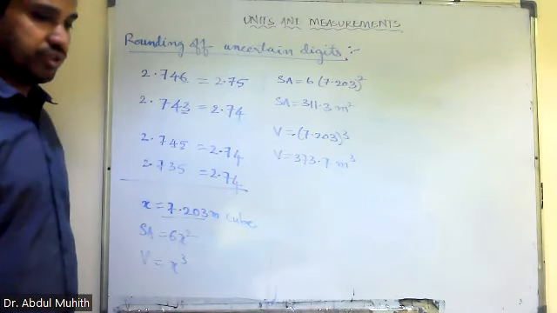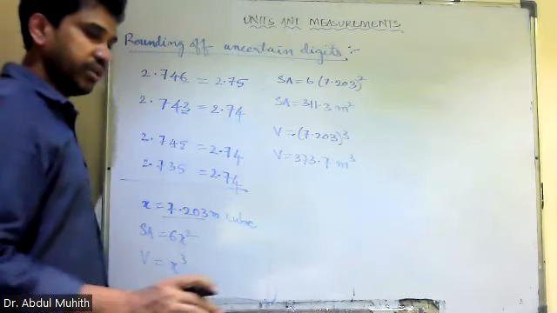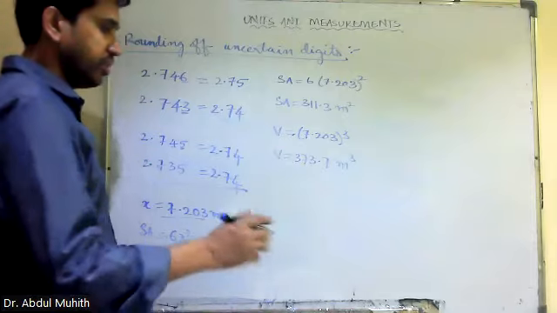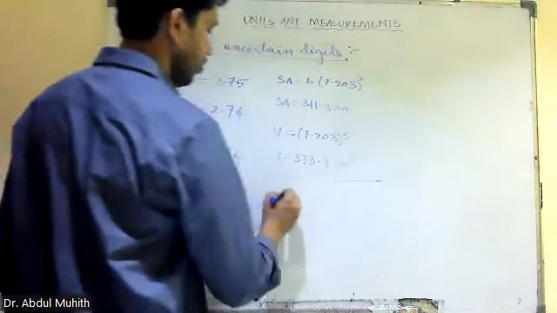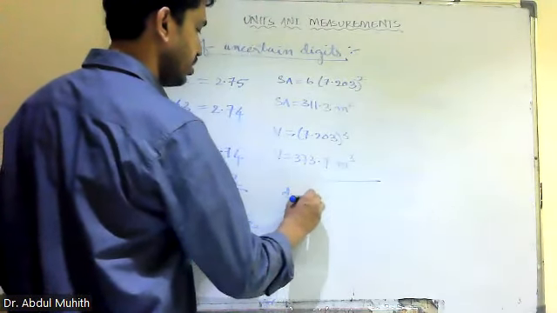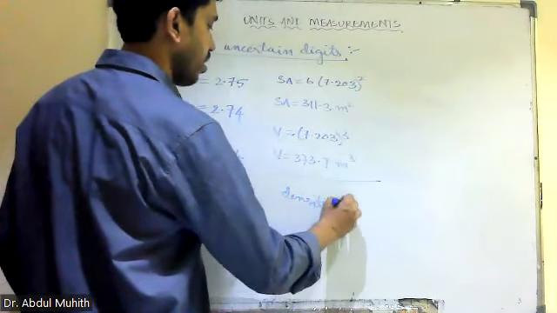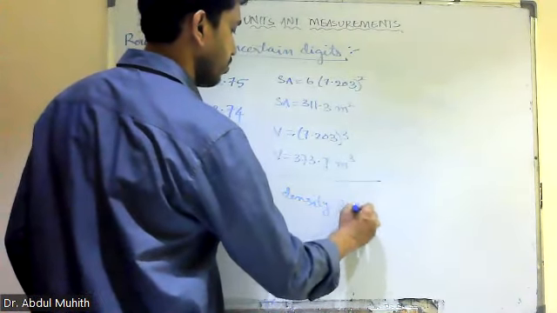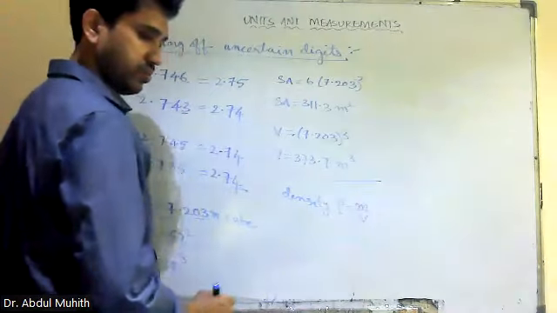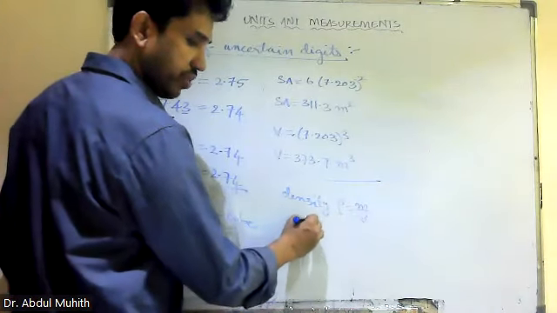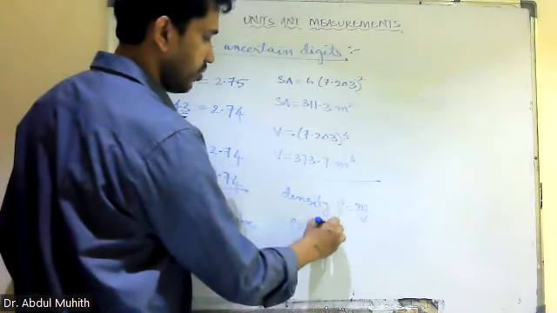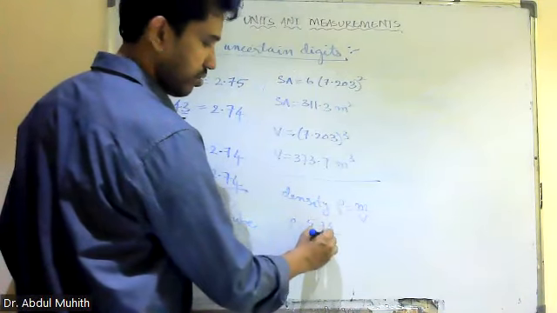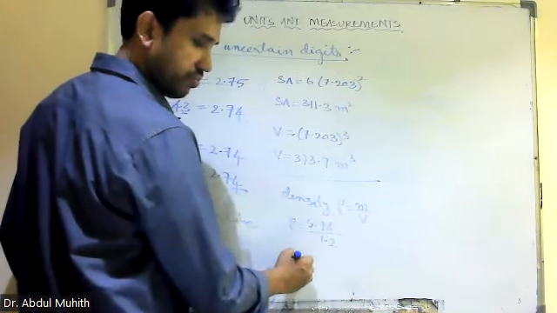Now we'll go for one more concept, that is division. In division, we have density. Density is mass upon volume. So density is equal to 5.74 divided by 1.2.